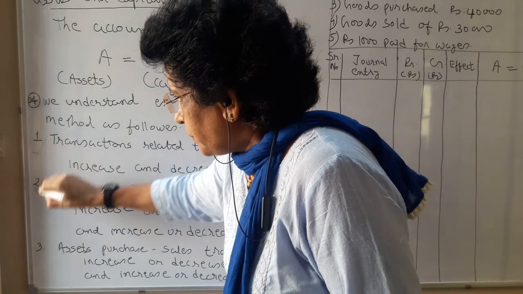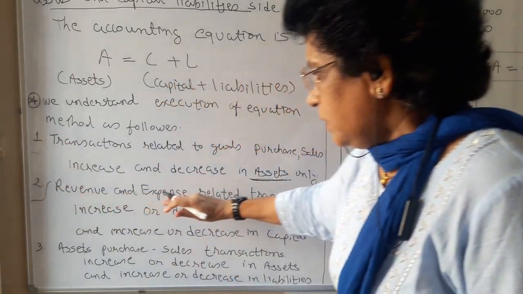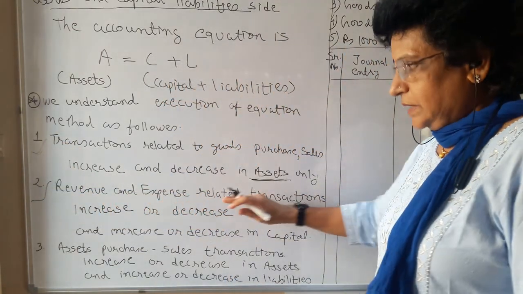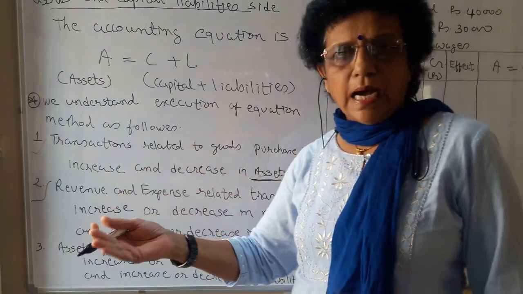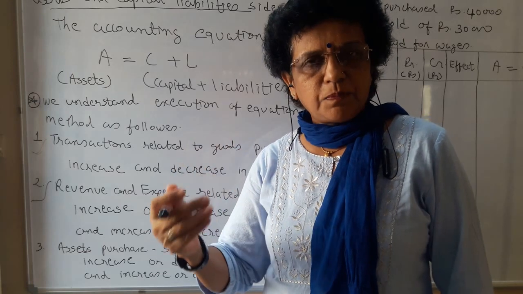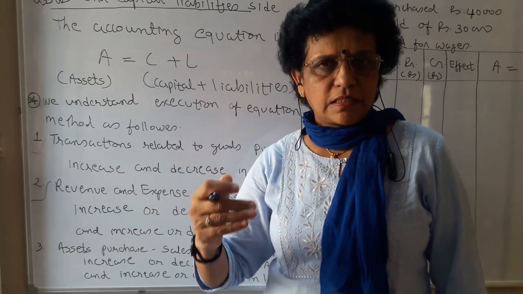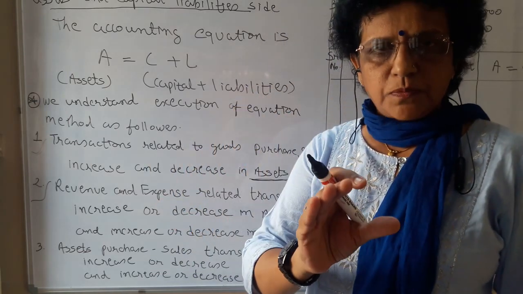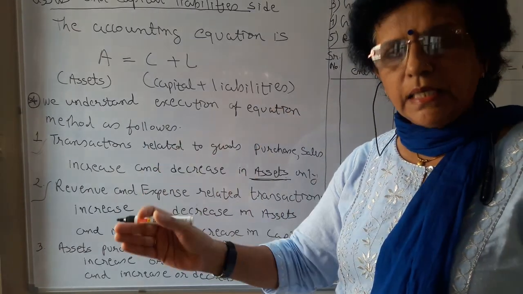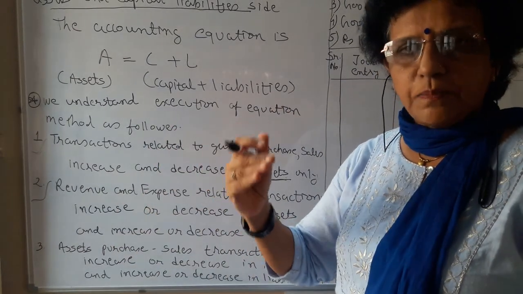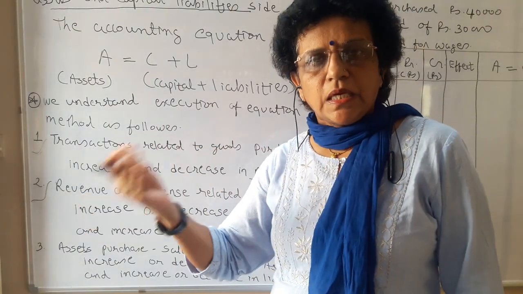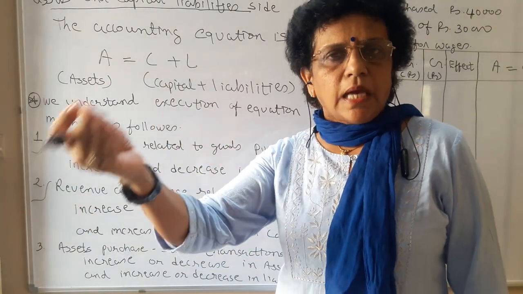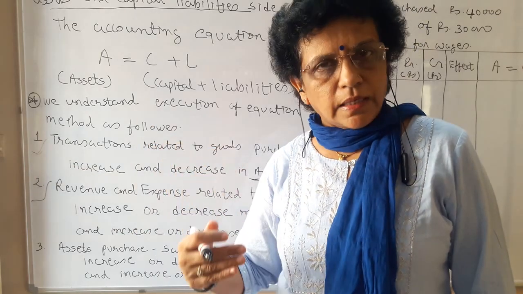Number 2, the revenue and expense related transactions. The major lot of other transactions are salary paid, wages paid, commission received, rent received. So either you have an expense or you have an income. When you have an expense or income, one fold is going to be your cash and the other fold is going to be either an expense or an income.